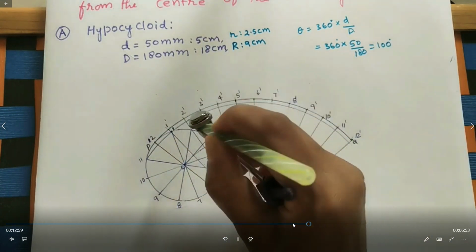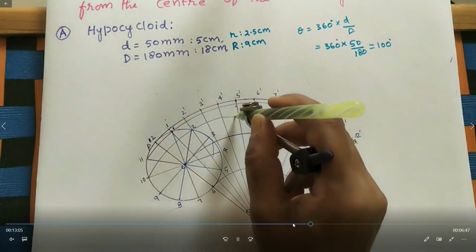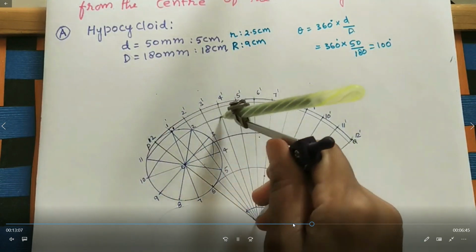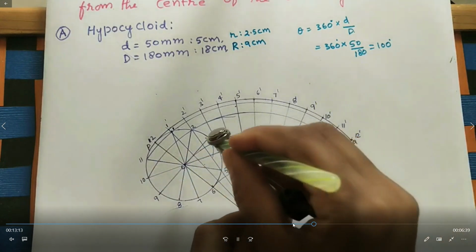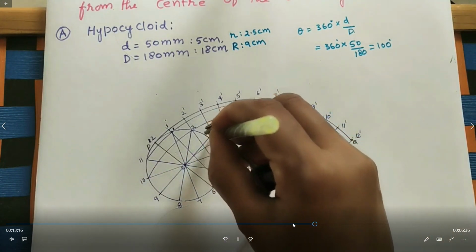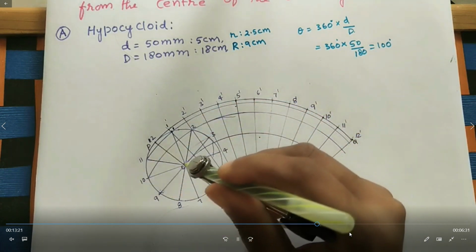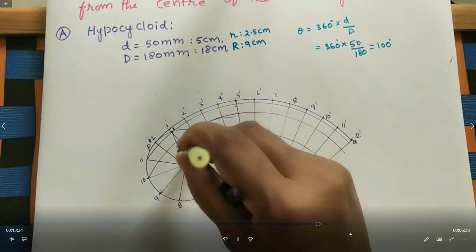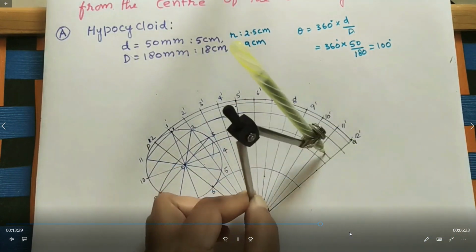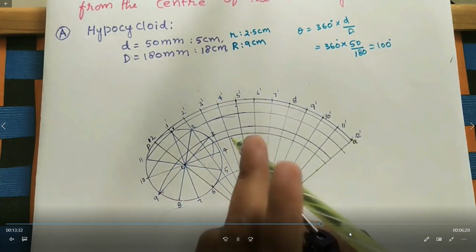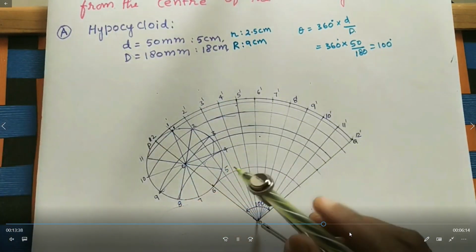Next, second to 10. Second line to 10. Next, third to 3 to 9. In this way, O is the center. Every division we draw the lines. Okay, next fifth.